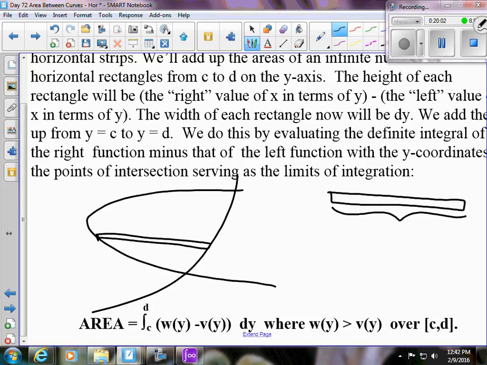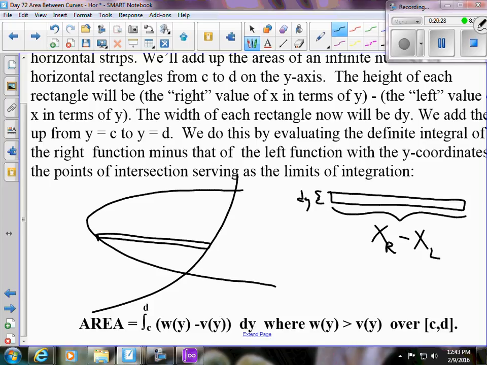We took the x coordinate over here on the right, and you subtract whatever x equals over here on the left. And the width, if we're going to use a horizontal strip, is not going to be an infinitely small change in x. Yeah, it's going to be dy. It's going to be an infinitely small change in y.